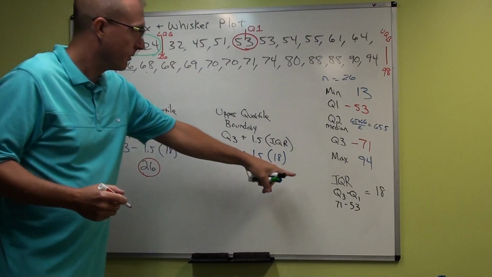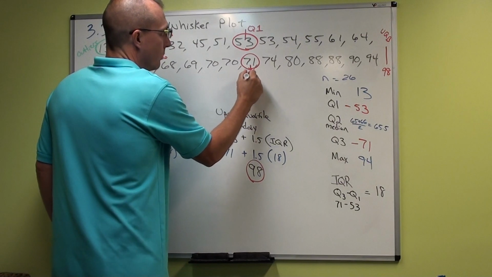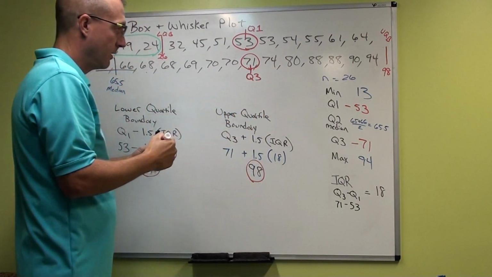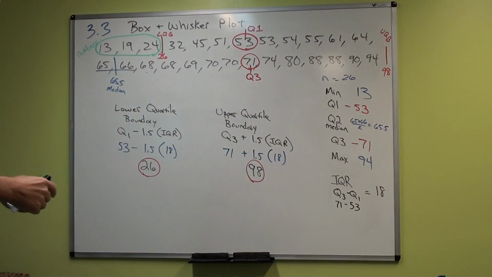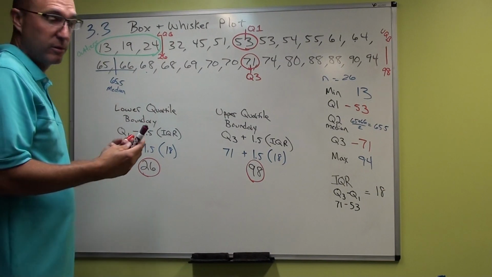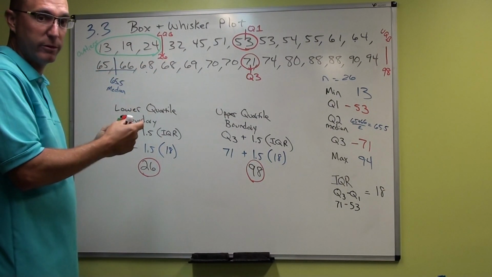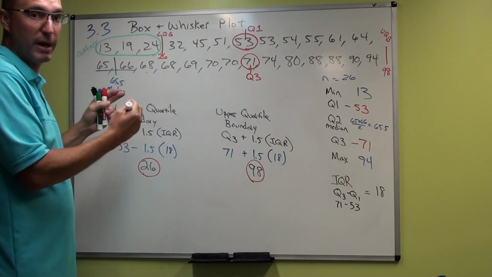Alright, the only thing I forgot to do was 71. I forgot to put my Q3 here. One more thing. I know, it's a lot. In your data set, when we make the box and whisker plot, you can only use values that are inside your boundaries.